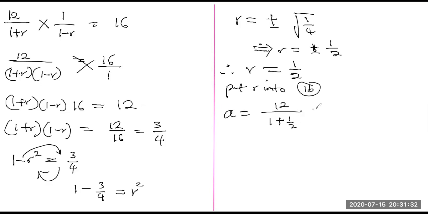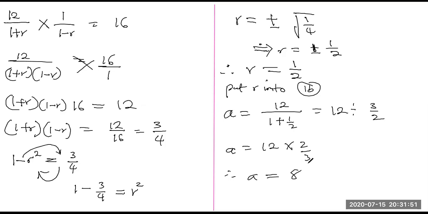And of course, we have 12 divided by 3/2. Our A is equal to 12, division becomes multiplication, times 2/3. And therefore, if we simplify further, we have A equals 8.